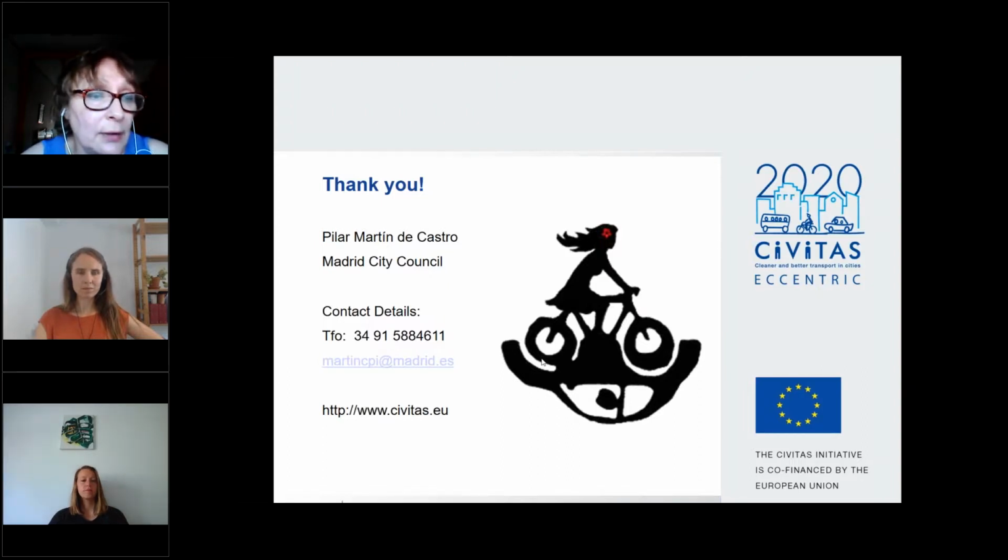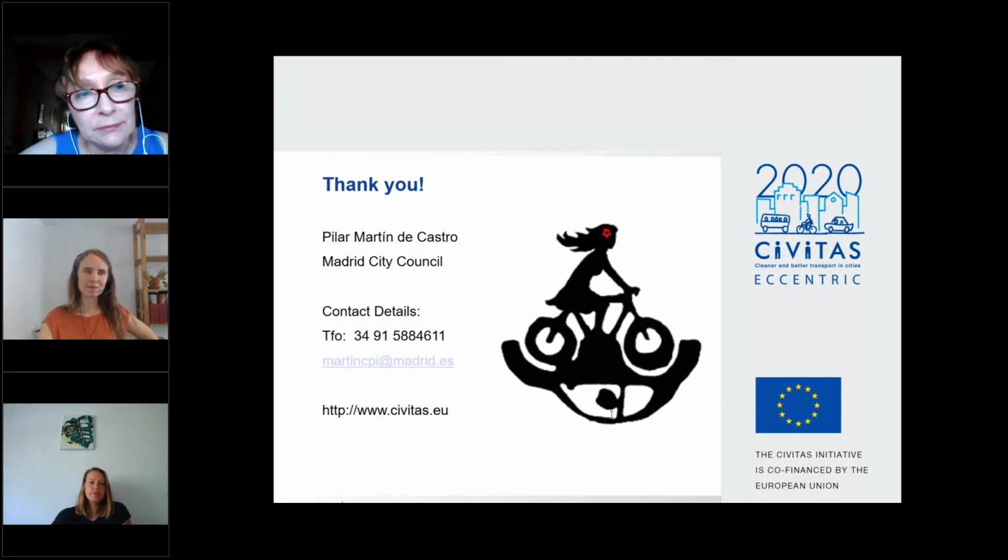We had never worked in Vallecas, but after Eccentric, we found 7 schools to work with us, 3 primary and 4 secondary. They also wanted more bike lanes and more public space for the children, so they were very enthusiastic with the project. I think the project has been working pretty well in Vallecas.